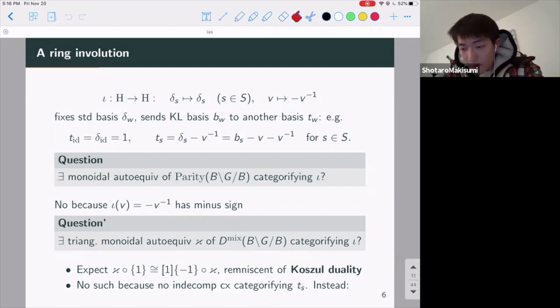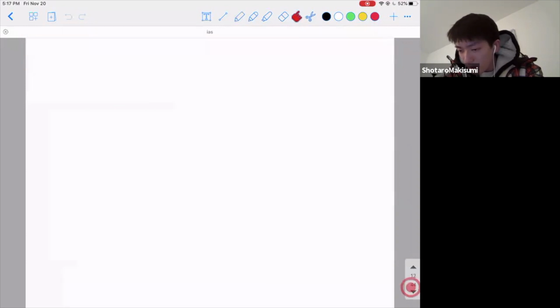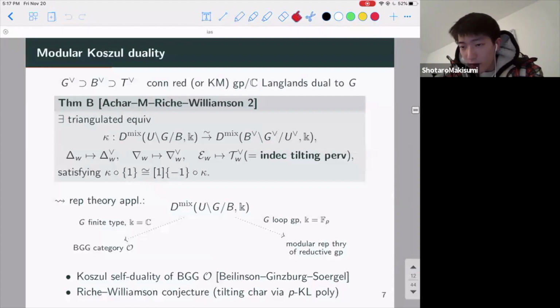So actually, you can do some computations already for SL_2 and see that there can be no such autoequivalence. But instead, the situation is, I think, even more interesting. The right answer really involves the Langlands dual group. So let's take Ǧ, B̌, Ǔ, Ť. And this is one of the main results from this paper, AMRW.